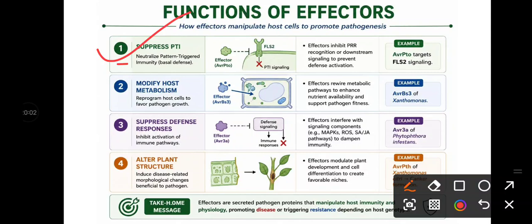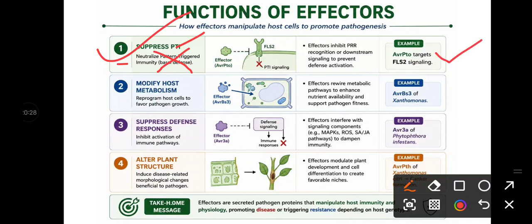When this PRR protein recognizes the PAMP molecule, it triggers a basal level of immunity, that is known as PTI. So this effector actually neutralizes this basal level of immunity. Okay, this is the first step of how the effector acts on the plant.